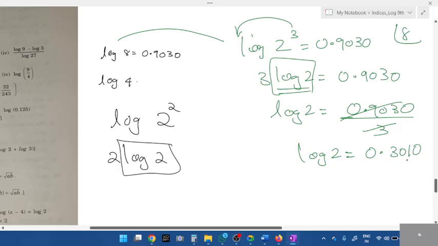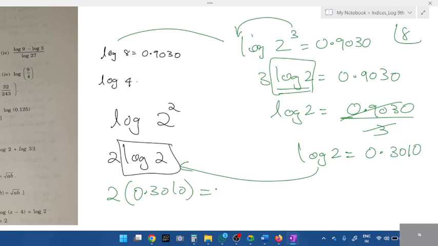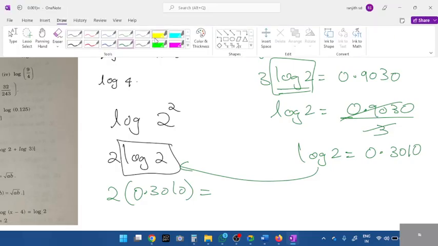Is it clear? Now substitute this log 2 here. 2 into 0.3010. So instead of giving log 2 directly, they have given log 8, students. That's the difference.